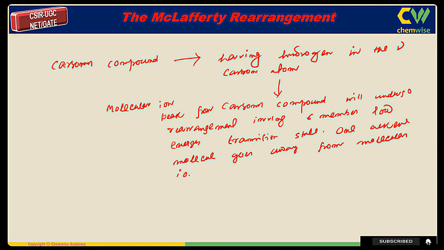What is the fantastic thing about this rearrangement? The rearrangements we normally see happen at the molecular level on molecules, but this rearrangement happens on the molecular ion. So this is called the McLafferty rearrangement.